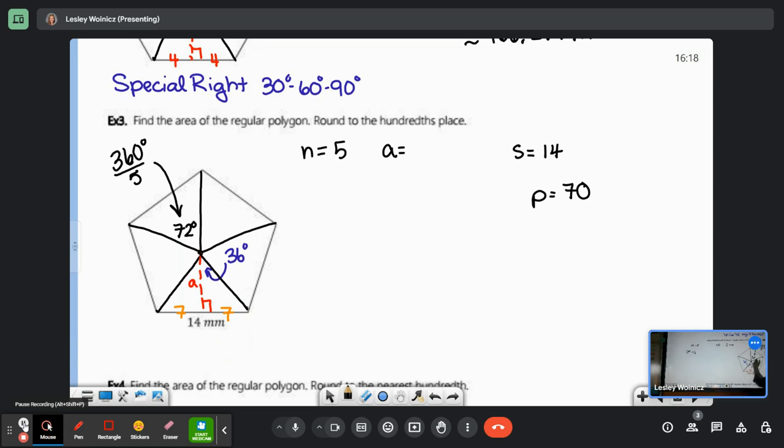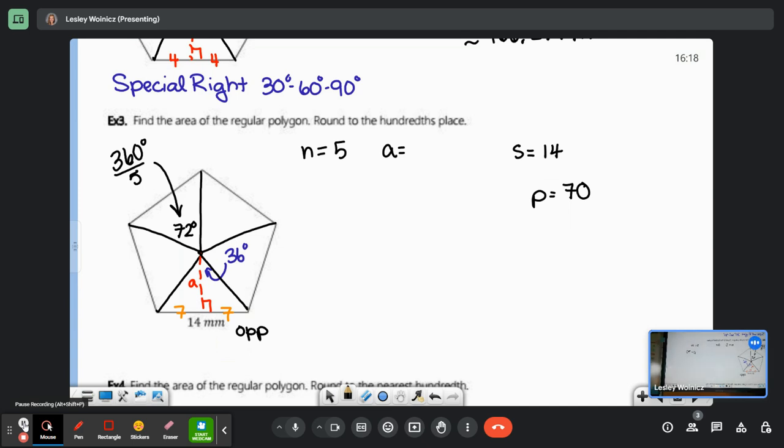The radius is the hypotenuse, and I'm not going to use that. So the 7 is the opposite. The apothem happens to be the adjacent, but it already starts with A, so I'm just going to leave it be A. So which of our ratios uses opposite over adjacent?